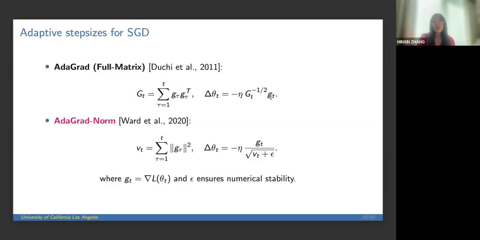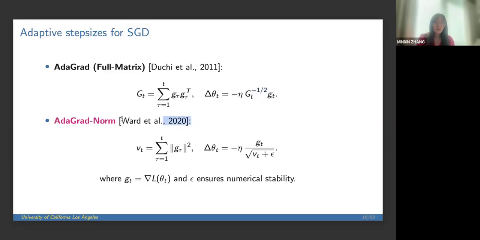Then at each iteration, instead of directly using the standard stochastic gradient, you use this G_t matrix to scale it, and then use this scaled direction to update the weight matrices. This has been shown to be effective, especially when your gradients are sparse, but it is computationally expensive because it involves computing the inverse of this matrix.